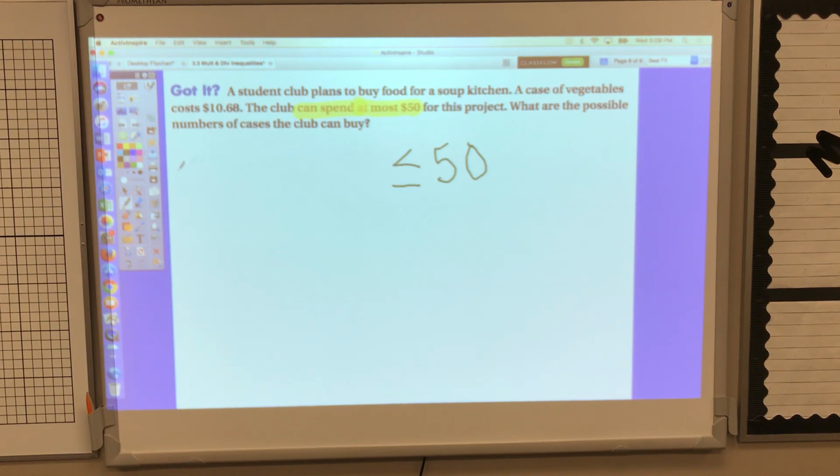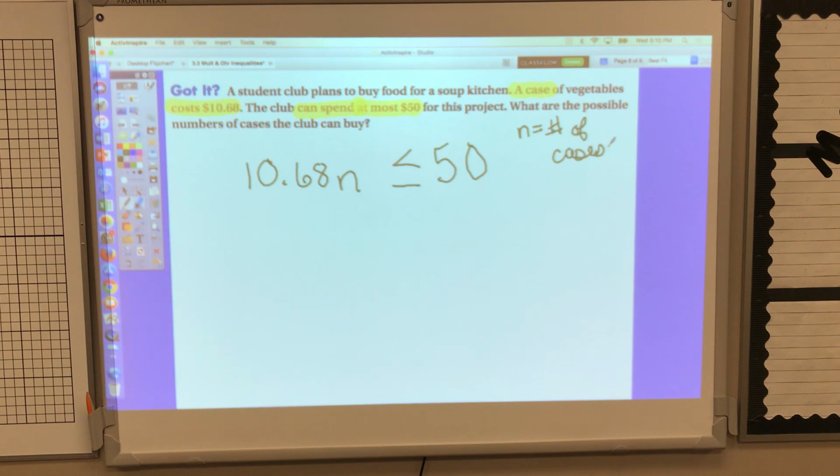And I know that each case of vegetables costs $10.68. If I'm buying more than one of them, that's a multiplication problem. So on this side, we have 10.68 times our number of cases. So n in this case is representing the number of cases, defining that variable.